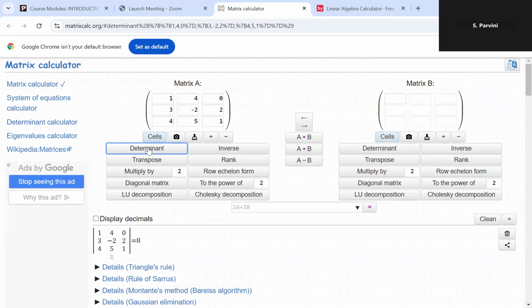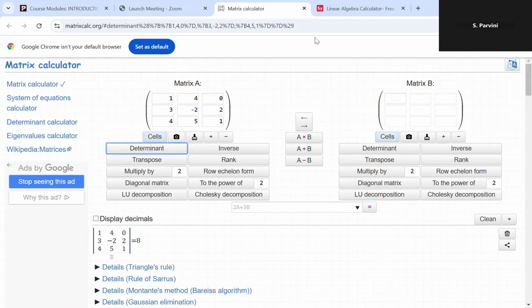So 64 times 8: 60 times 8 is 480, plus 8 times 4, 32. So it looks like 512 if I didn't make a mistake.